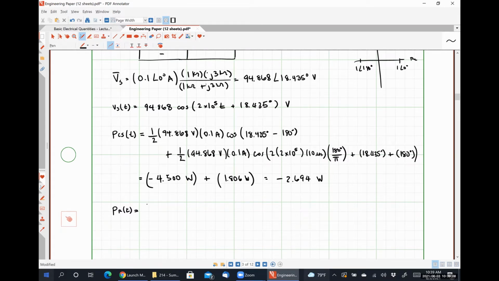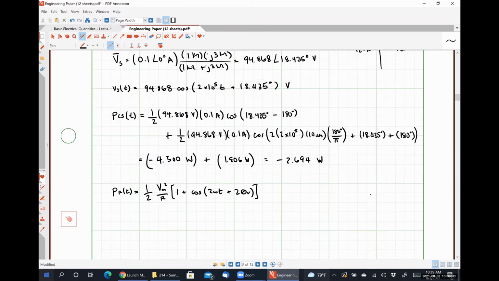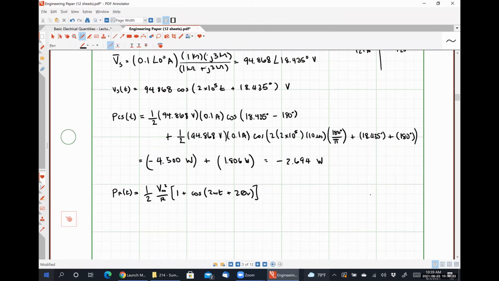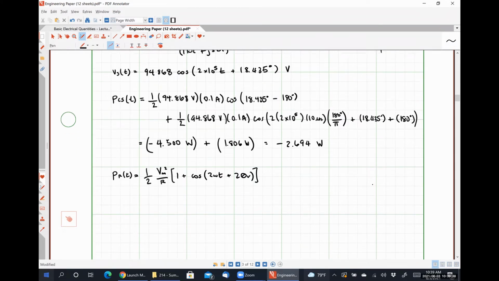I'm going to use the relationship 1/2 VM squared over R times 1 plus cosine twice omega t plus twice theta V, so that I don't have to bother doing current division or any of that kind of junk to figure out what that resistor current is.